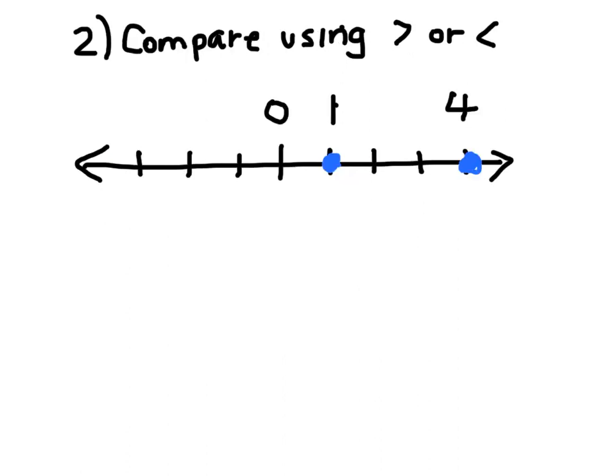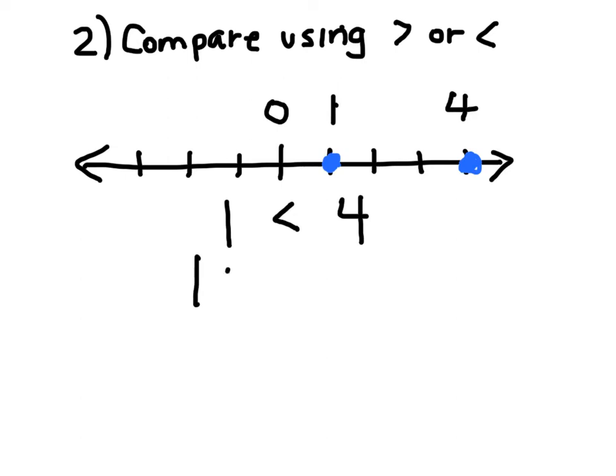All right, you try this one. I want you to compare the two numbers using greater than or less than. Compare regular values, then compare absolute values. All right, so we have 1 and 4. If I'm comparing values, 1 is less than 4, so I would use the less than symbol.